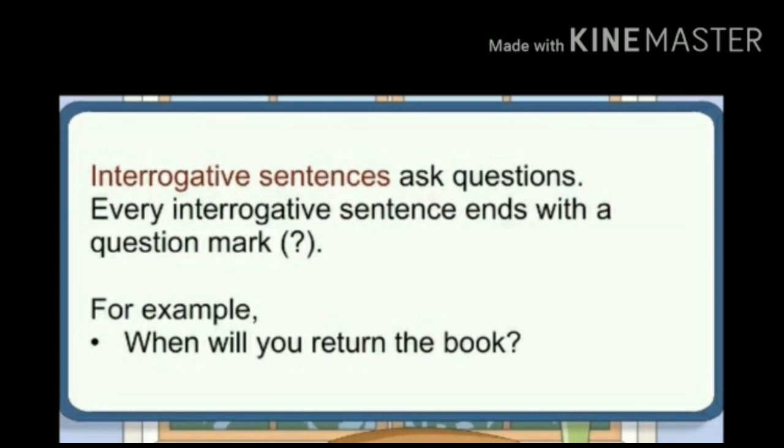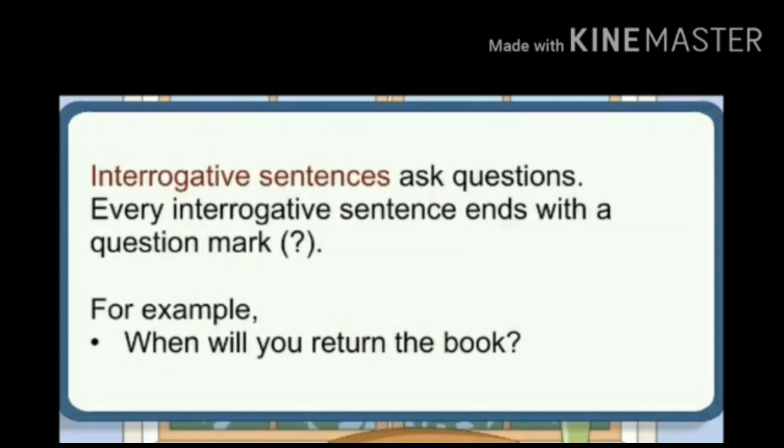Next type of sentences are interrogative sentences. Interrogative sentences ask questions. It means whichever sentences are used to ask a question are called interrogative sentences. Every interrogative sentence ends with a question mark.